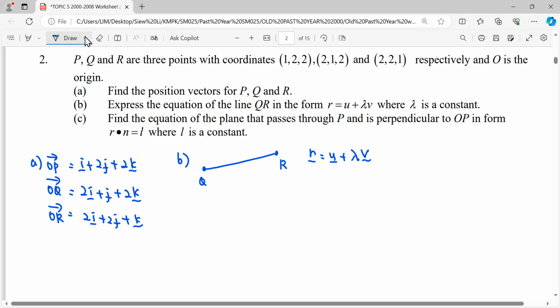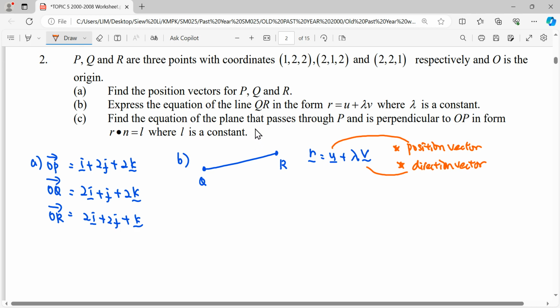So in finding a line equation, we need a position vector in the line, and then we need the direction vector that represents the line. So the position vector will be represented by u. The direction vector will be represented by v.